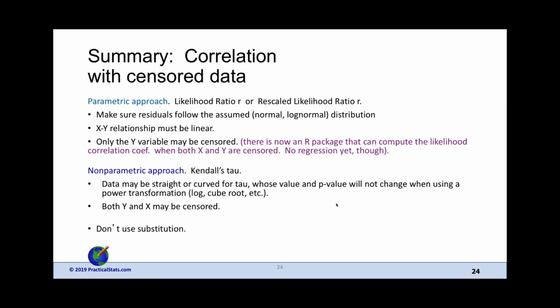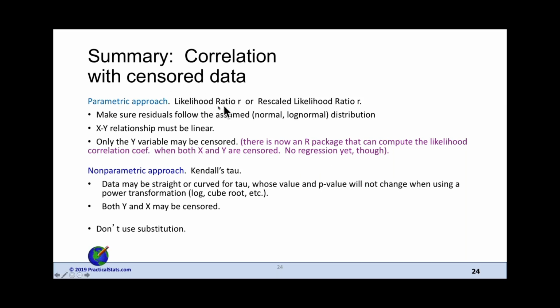With this asterisk, that just in the last few months, there's been a new R package. I don't have it up here. It starts with the lowercase CLIK, click. And I think it might be clikcorr, C-O-R, or C-O-R-R, I forget which. So it's a brand new package that computes the likelihood ratio R, so it would be this one.